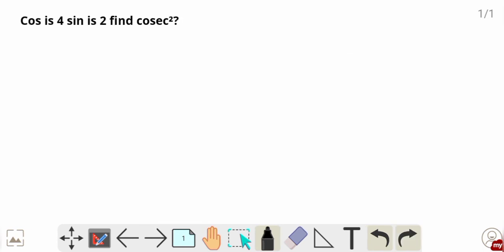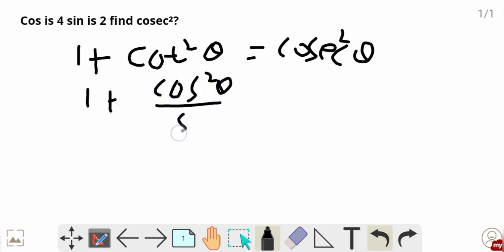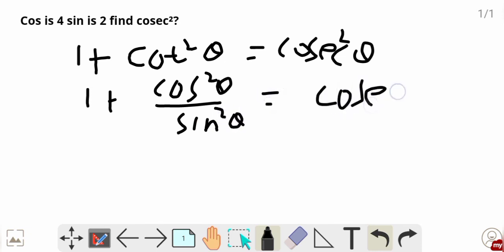So in this question, cos is given, which is equal to 4, and sin is given, which is equal to 2. We have to find the value of cosecant square. So guys, as we know that 1 plus cot square theta is equal to cosecant square theta. So 1 plus cot is equal to cos square theta divided by sin square theta is equal to cosecant square theta.